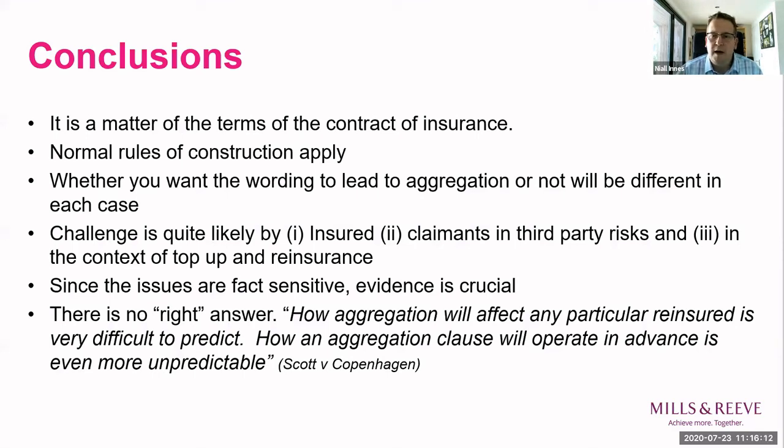And as in all matters, you need to work quite hard in terms of getting the evidence together to identify and evidence the unifying factor you're relying on. And it's quite possible that in these types of claims people take a decision for tactical reasons, being prepared to have a fight with a view to a commercial resolution. I think what's important is that there is no right answer in this.